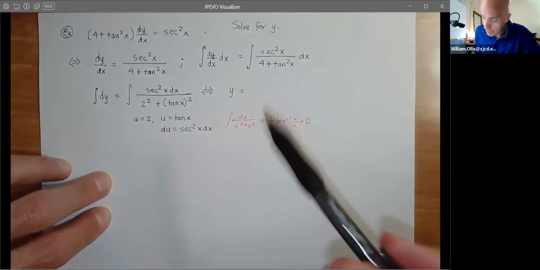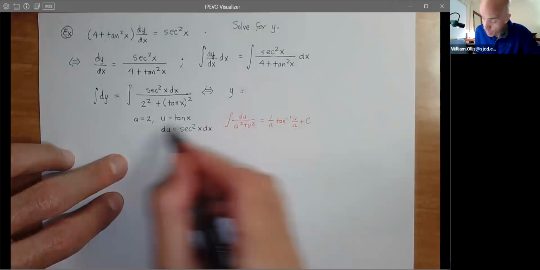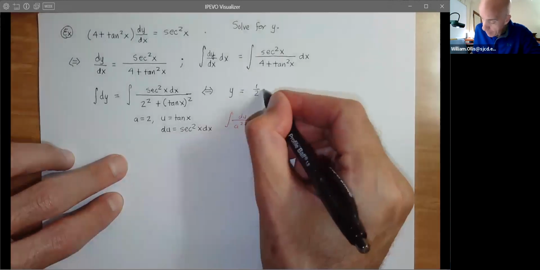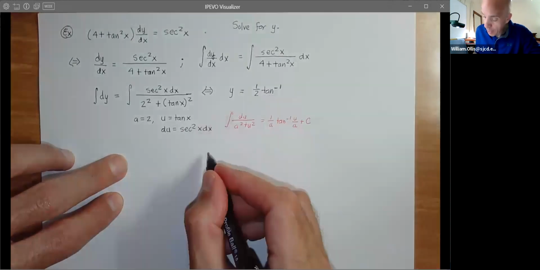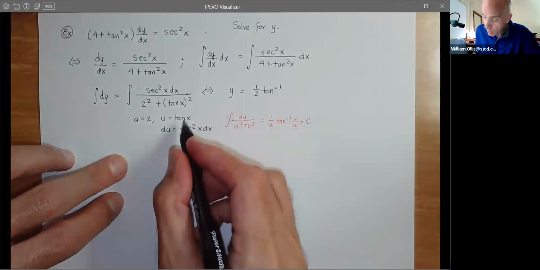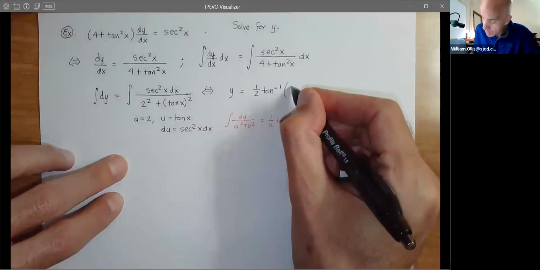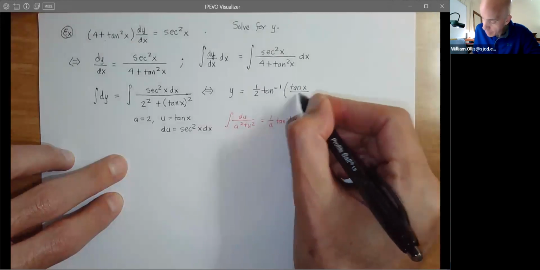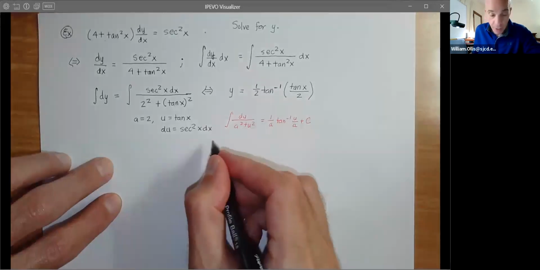So we can fill this in. So this will give us, in this case, 1 over 2, inverse tangent. And then we have u over a. So this will be tangent x over 2. I'll just do the parentheses so they don't get absorbed because of that 2 there, plus a constant.